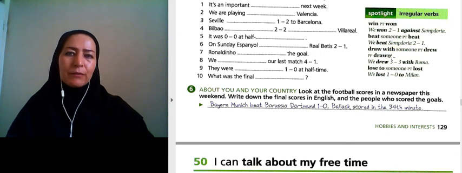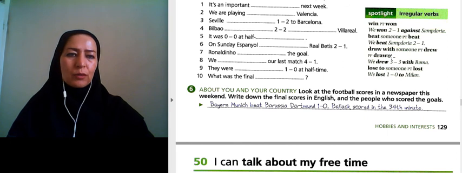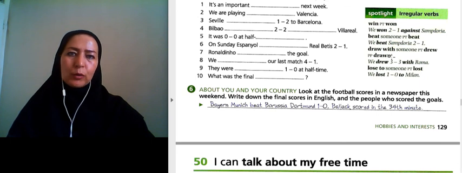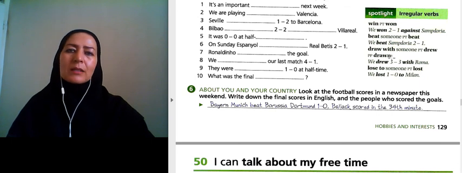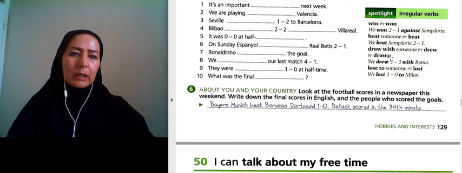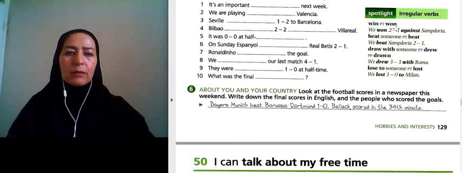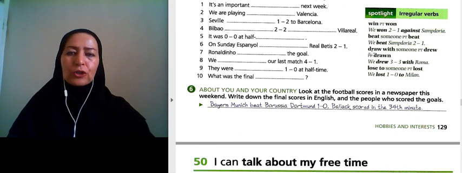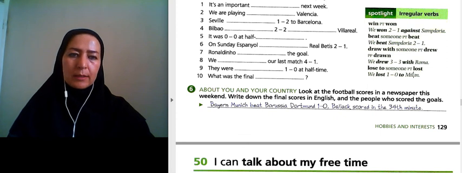And whenever we cannot add ed at the end of the verb, we just change the verb, or maybe it is not changed, to make the past tense. It's called an irregular verb. For example, win, we say won; draw, drew; lose, lost.